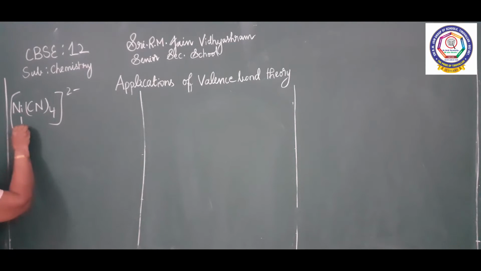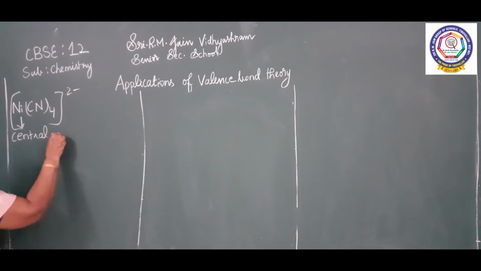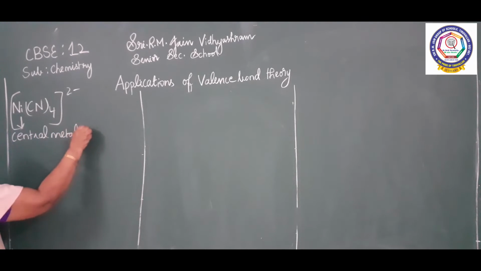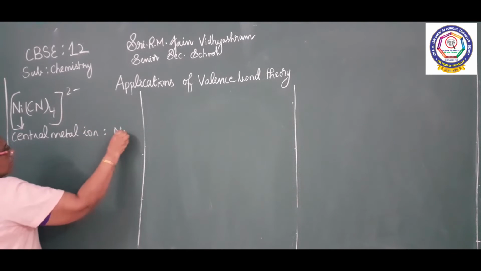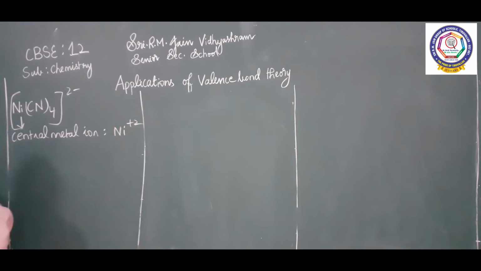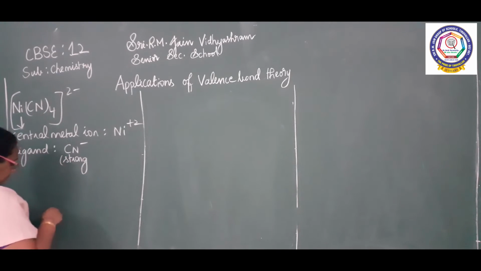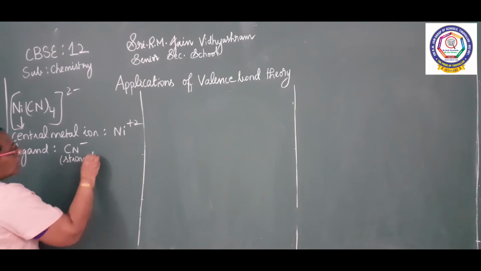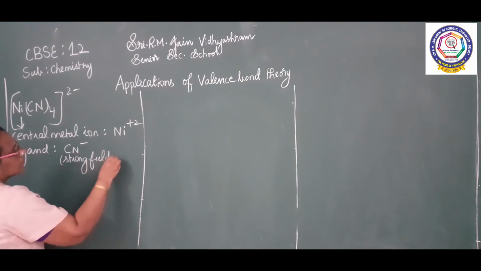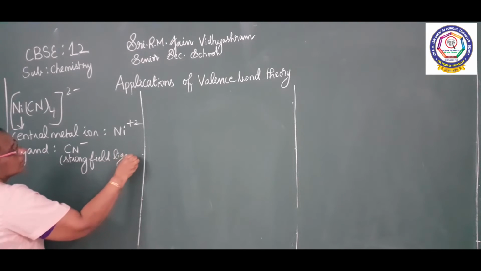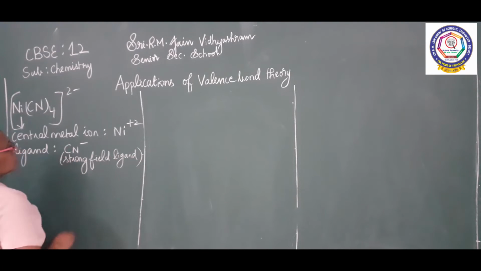So here the central metal ion is nickel, Ni2+. And what is the ligand here? CN minus. It is a strong field ligand.